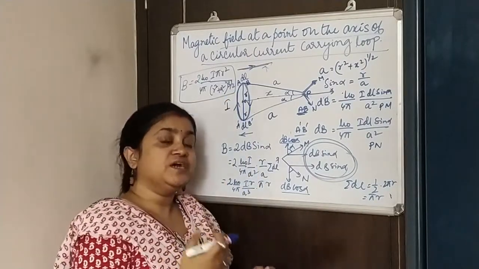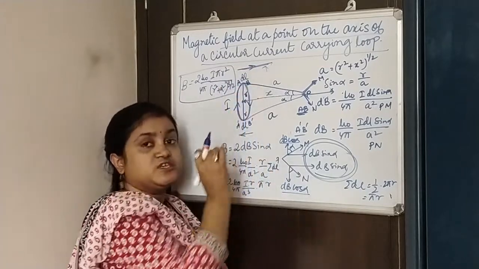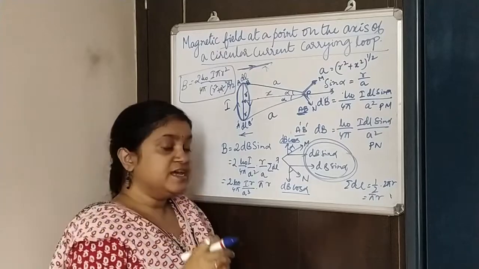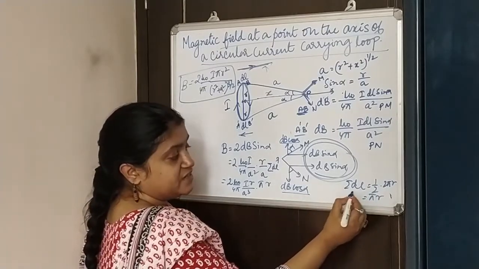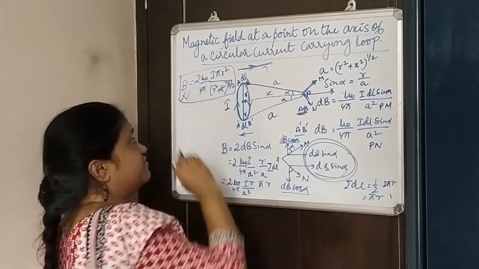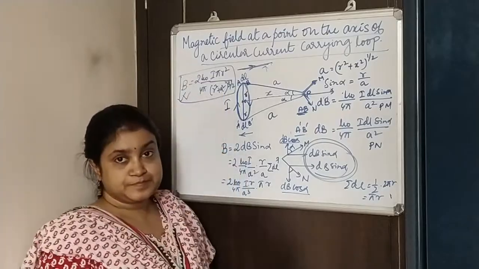Like that, if you imagine the whole circular loop as the summation of all the small length elements, that's how we have taken the total summation of length elements, and finally we have the magnetic field B, which is this.